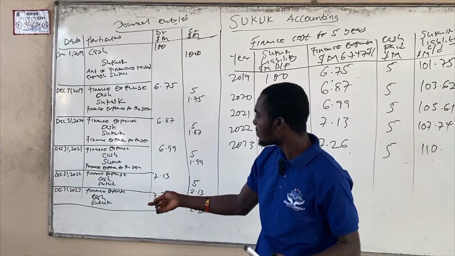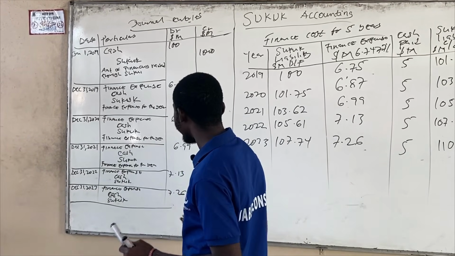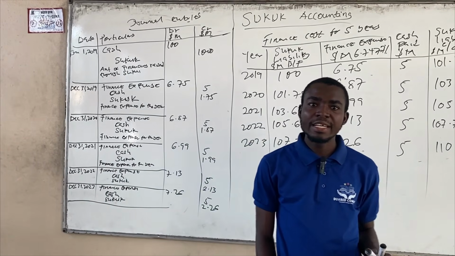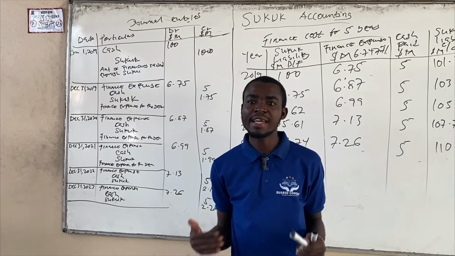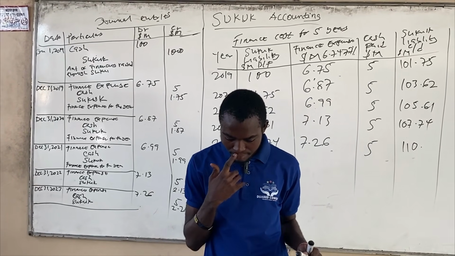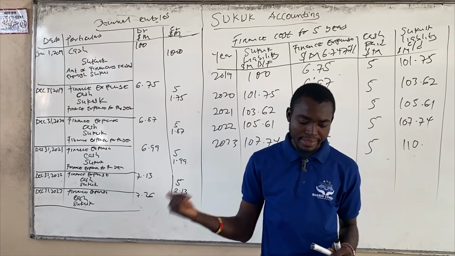And then on the same 31st December 2023, the originator promised to repurchase the assets, that's the office building, at a price of 110.